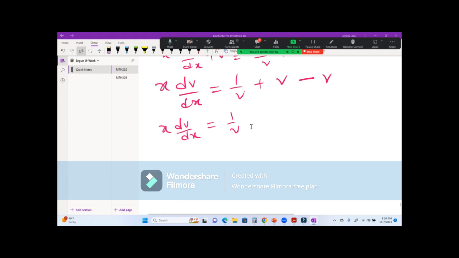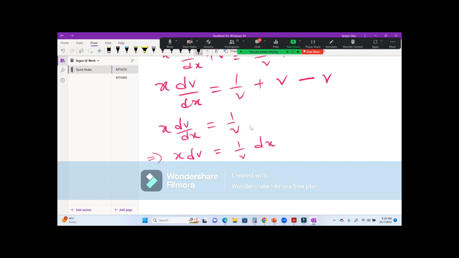Okay, the next thing is we need to do a separable variable here so that all v will go to v, all x will go to x. How do we do that? We can start by saying x dv equals 1 all over v dx.